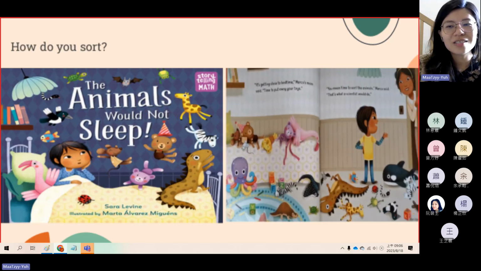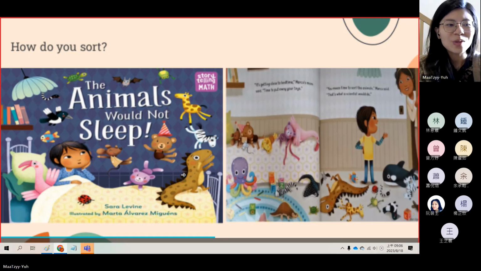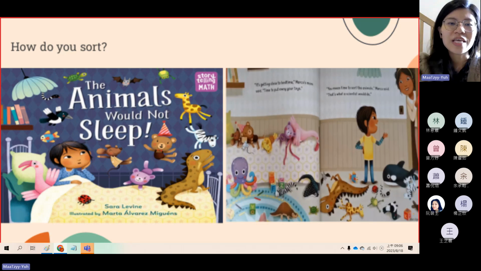And then this is what we talked about: we teach the lesson, the aim is sorting, and I chose the picture book, The Animals Will Not Sleep. Most students would have this experience that they have a lot of stuffed animals in their room at home, and things might get a little bit messy.